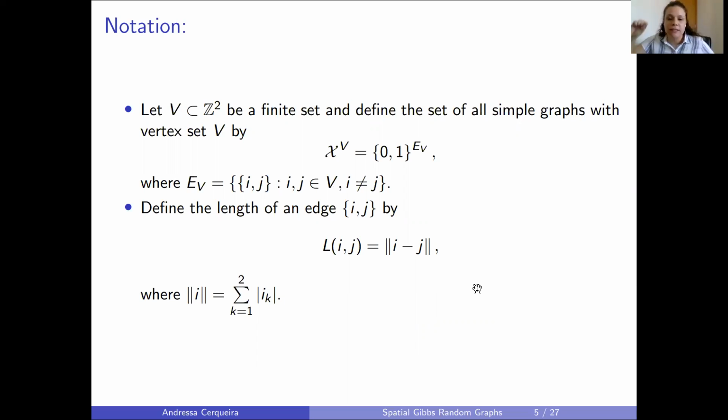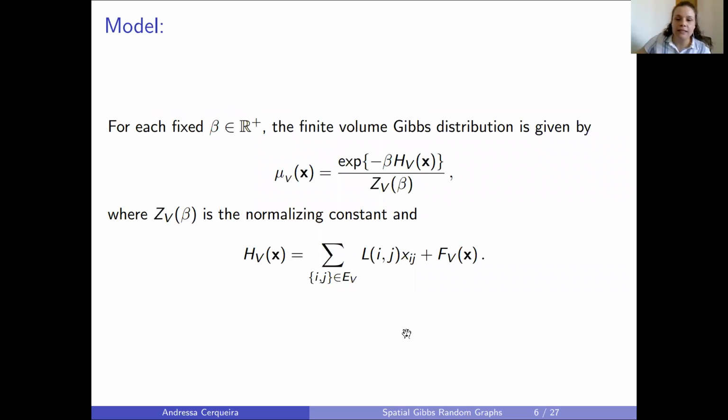This is what we call the length of the edge. I will talk a lot about short and long edges: a short edge just has a small length, and a long edge has a bigger length L.